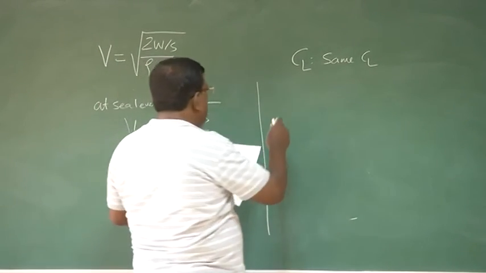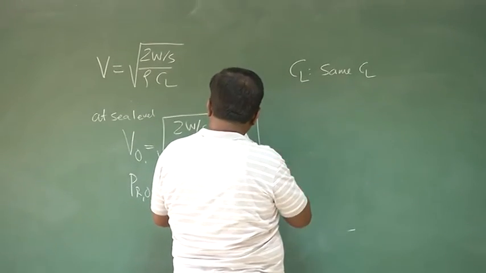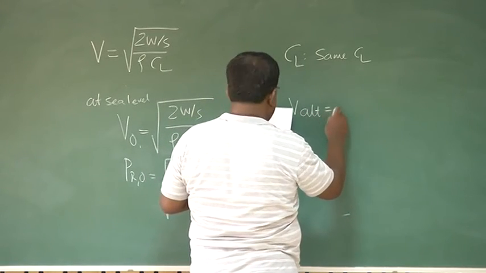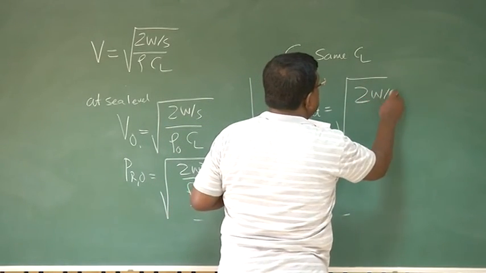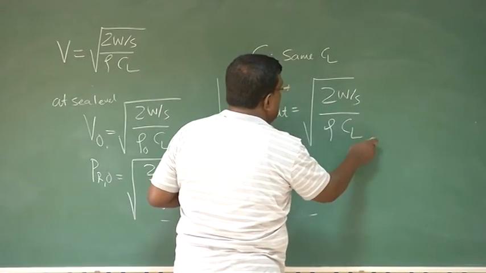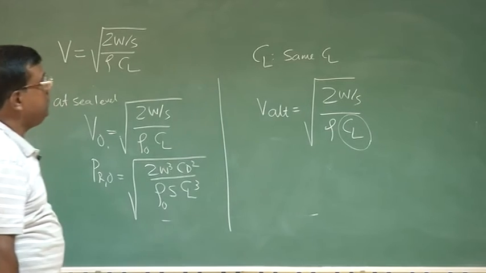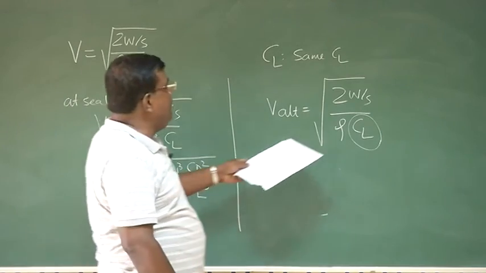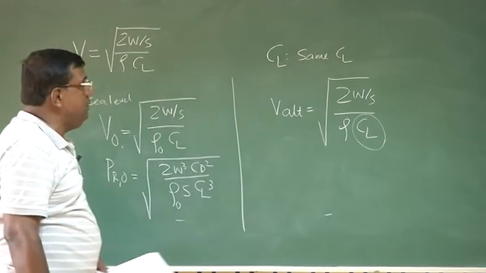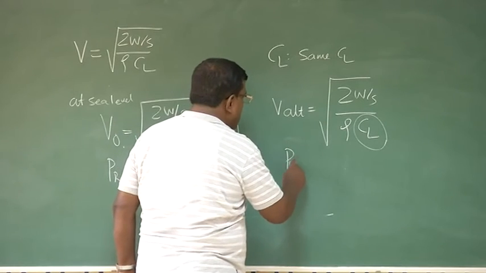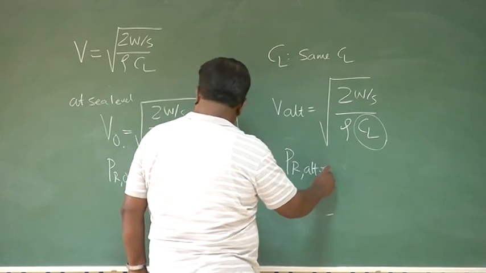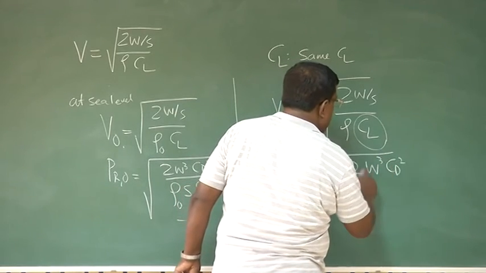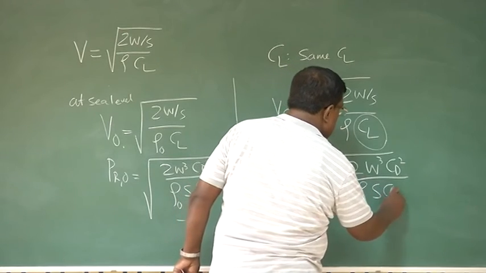So now for the same CL, we can write V at altitude equal to square root of 2W by S rho CL. I am not changing CL because we are trying to see the effect if you keep the CL the same, but you can notice that now rho is not rho naught, rho is rho at some altitude. Similarly, power required at altitude will become 2W cube CD square by rho S CL cube, to the power half.